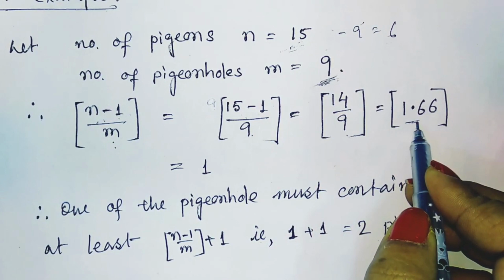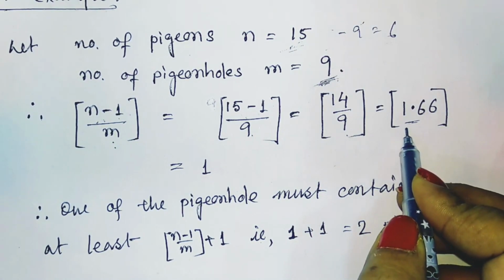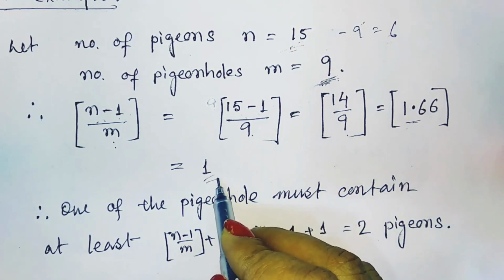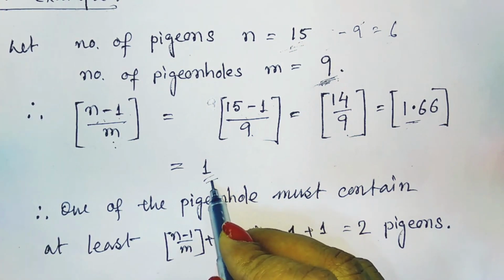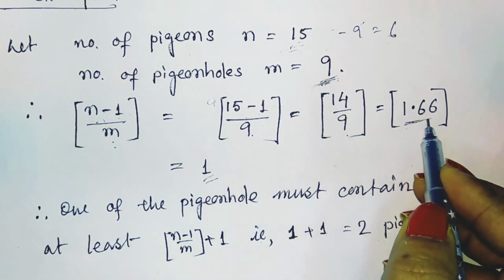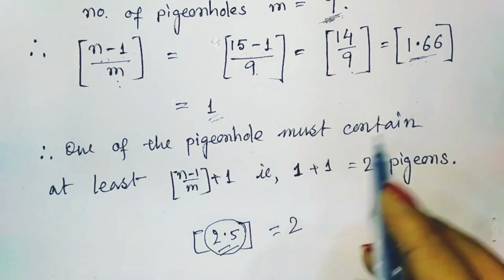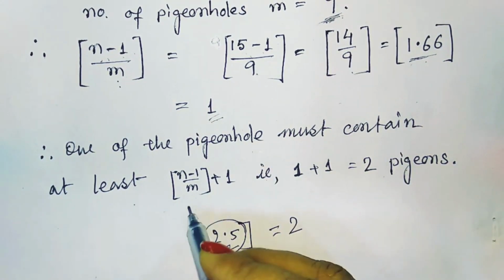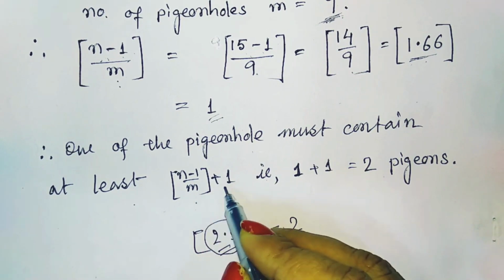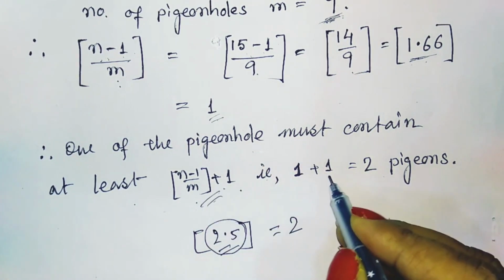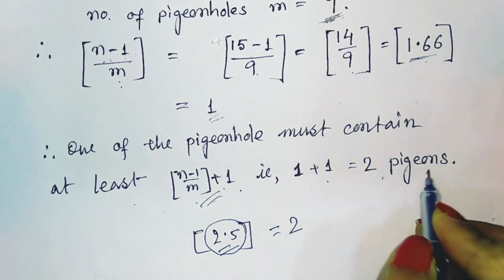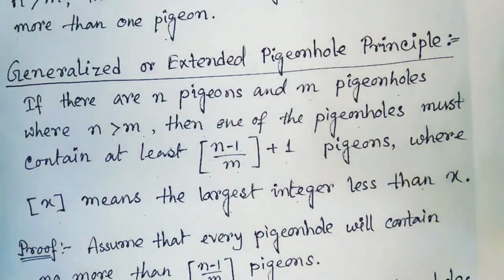Its value is 1.56. From the floor function definition, the value is actually 1, because 1 is the largest integer not exceeding 1.56. Hence, one of the pigeonholes must contain at least floor of (n minus 1) by m plus 1, that is 1 plus 1, 2 pigeons. So that is the pigeonhole principle.